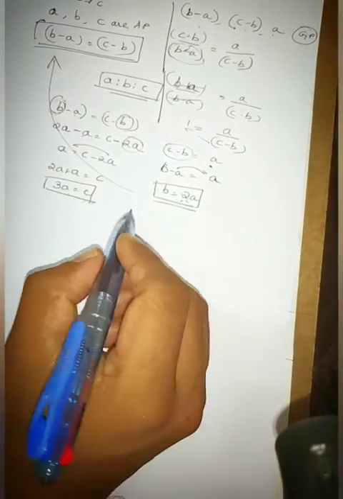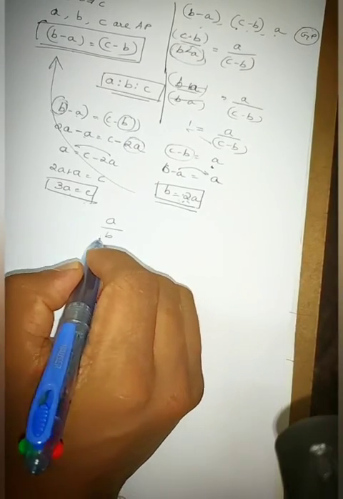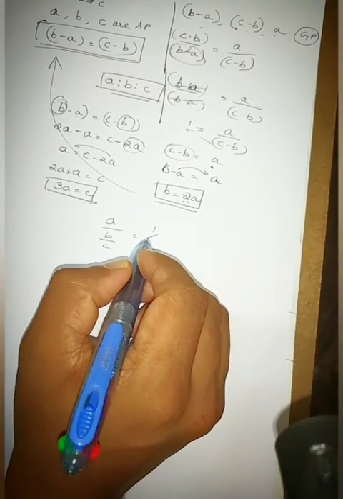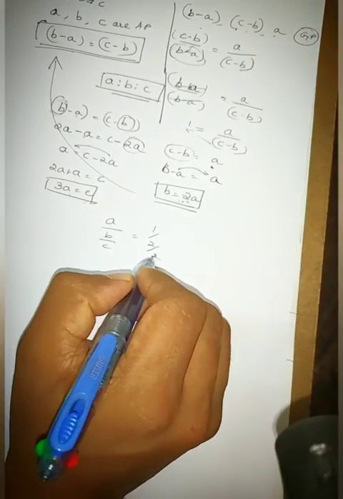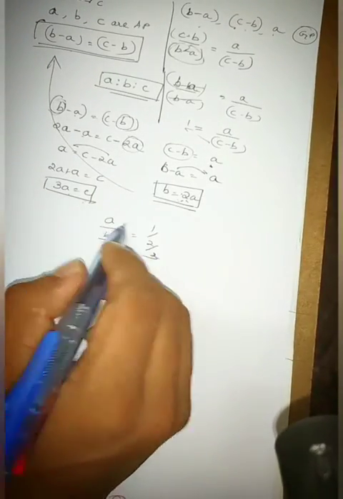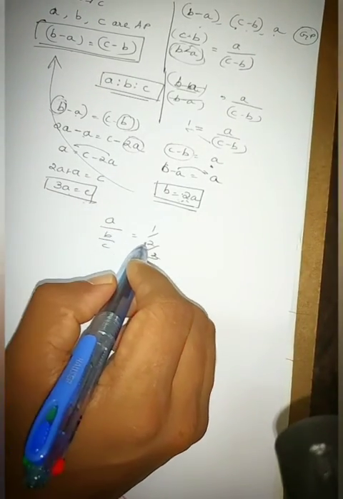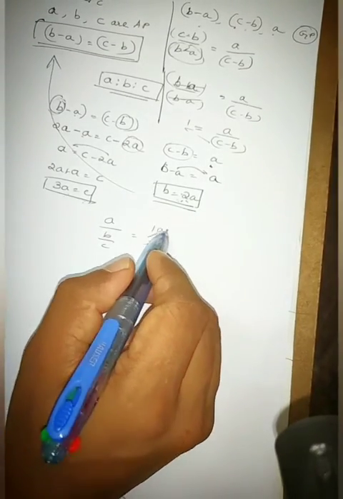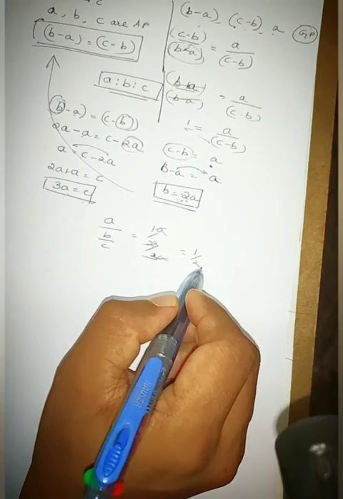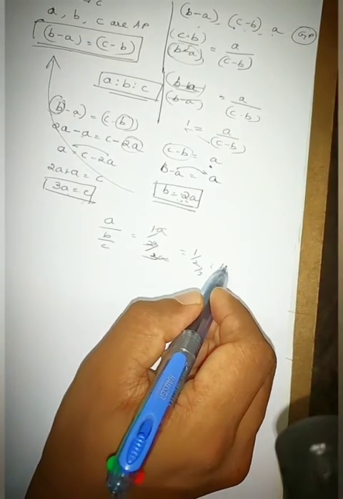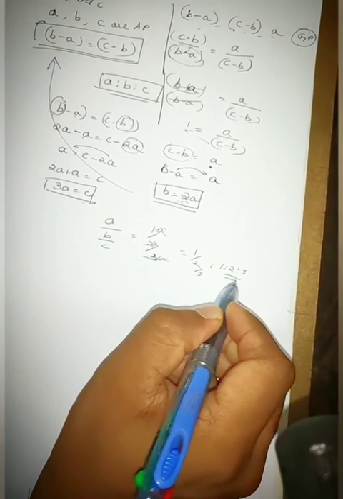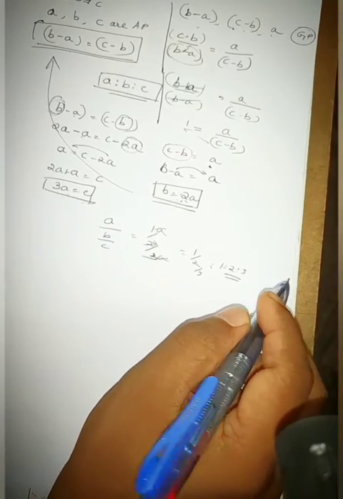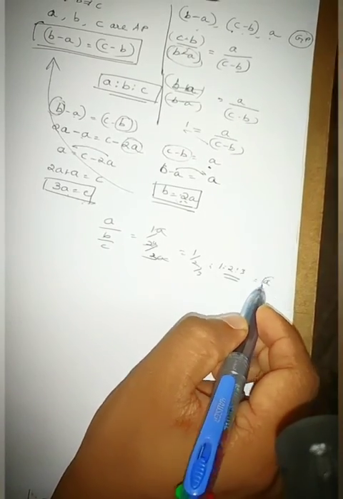So that's how I can tell that A divided by B divided by C is nothing but 1 divided by 2 divided by 3. Yes, as we have done, A is 1, B is 2 times A, C is 3 times A. A will cancel out and remain as 1 by 2 by 3, or in other words 1 is to 2 is to 3. So this is the option which you have as A.